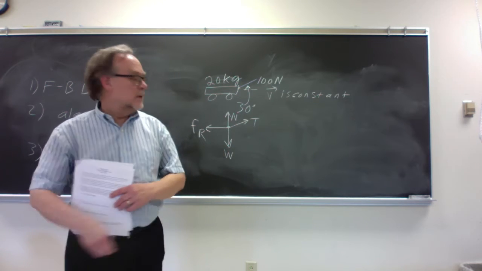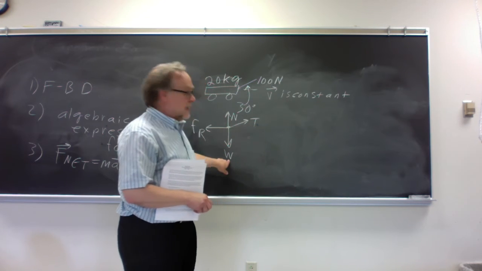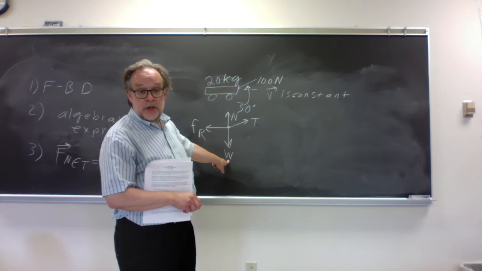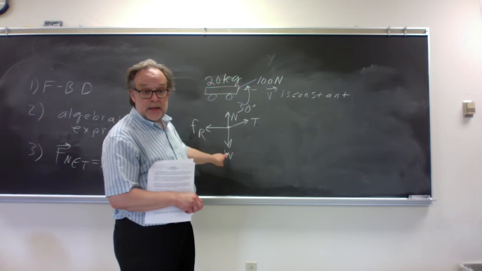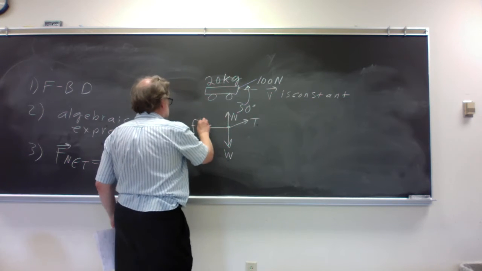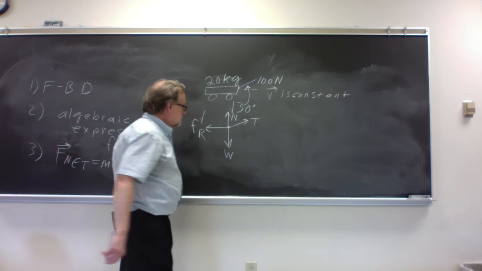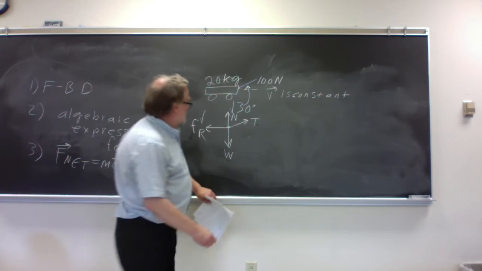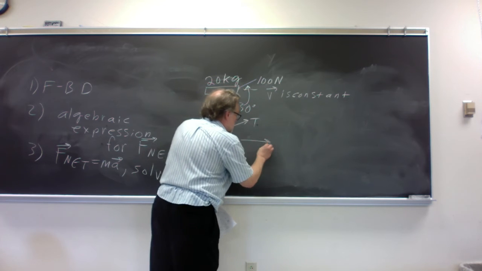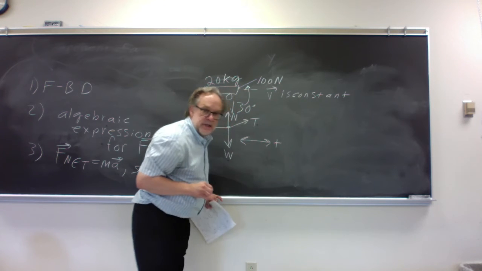So I know all about that. I can calculate that very easily. The two trickier forces that I need to calculate are the rolling friction and the normal force. But just for completeness, I want to know which way is the positive direction.